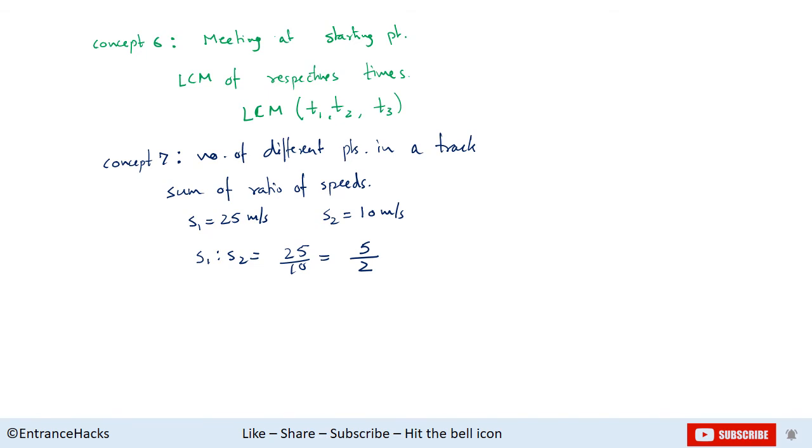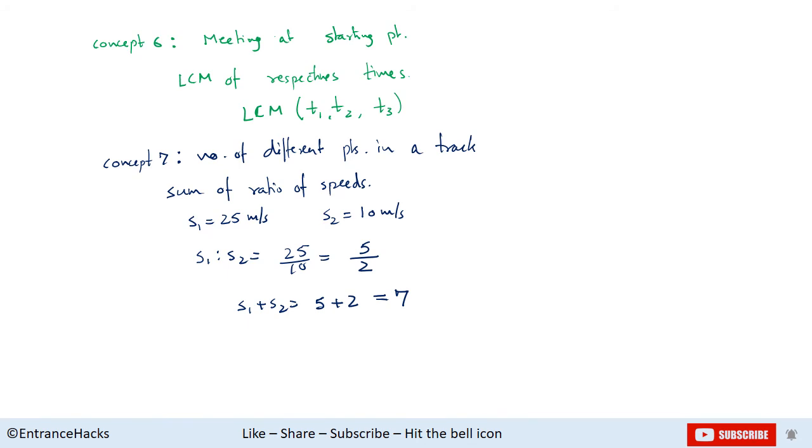It will be the sum of the ratio, so that will be 5 plus 2 equal to 7. And remember, when we are taking the ratio, we have to calculate it in its simplest form. We cannot simply add 25 plus 10. So 5 by 2 is the simplest form, so we add 5 plus 2 equal to 7. Similarly, in the case when they were moving in the same direction, it has to be simplified, and only then can we subtract to find this.